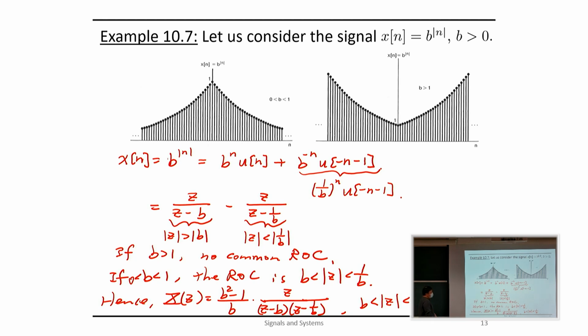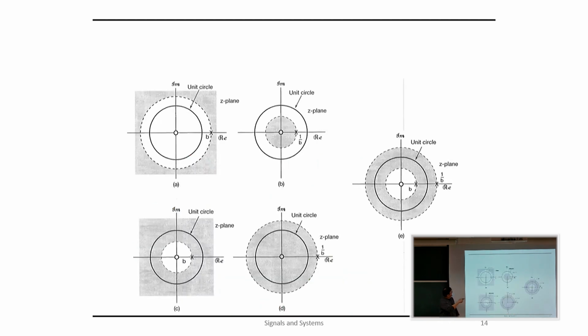Okay. So on the next page, what we have is just illustrations on the complex plane of these two cases. Okay. So when b is greater than 1, then this region of convergence is the exterior of this circle that has radius greater than 1.